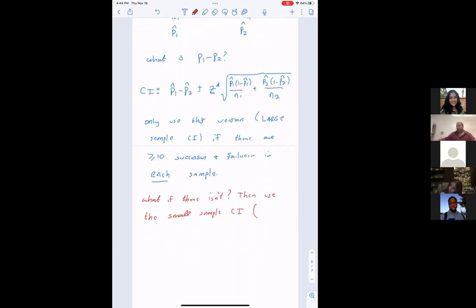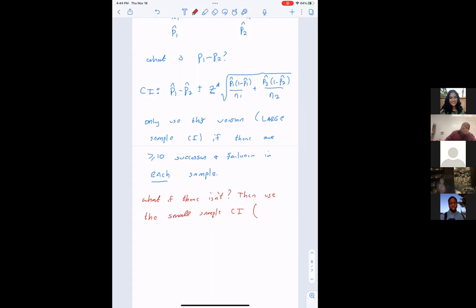What is the condition which allowed us, with one proportion, to use a small sample confidence interval? Anyone recall? You should have a bullet point note sheet with all the conditions for all the different scenarios.